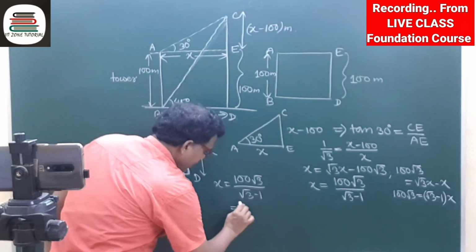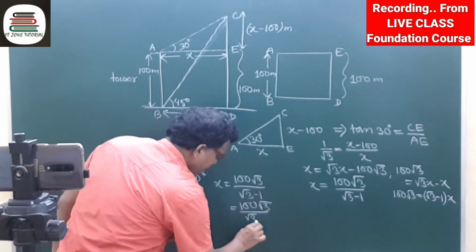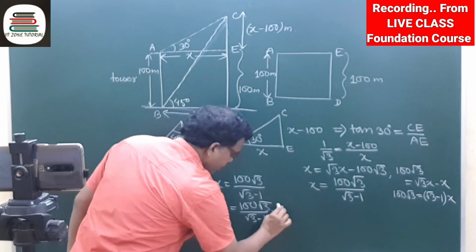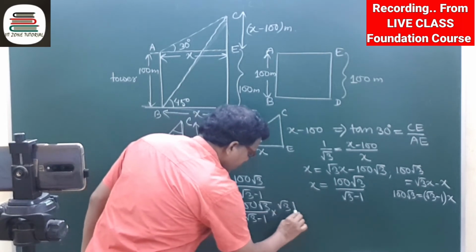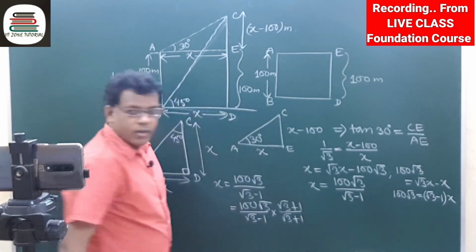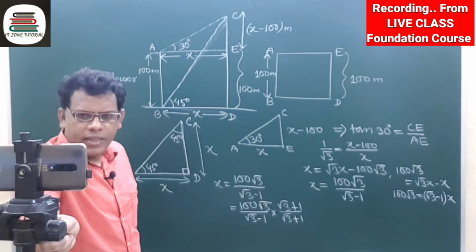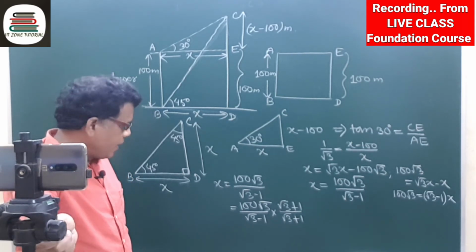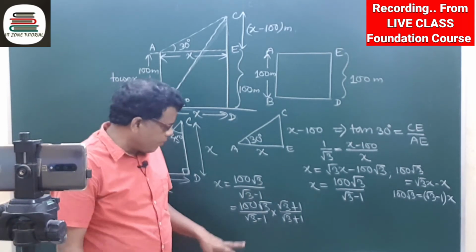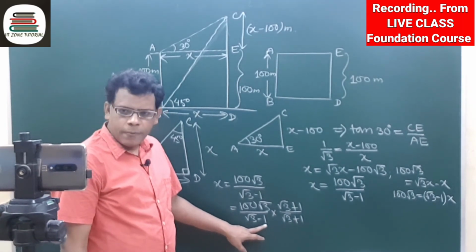See, if this is 100 root 3 divided by root 3 minus 1, if I multiply and divide the numerator and denominator with the term root 3 plus 1. Why? Because in the denominator there is root 3 minus 1.